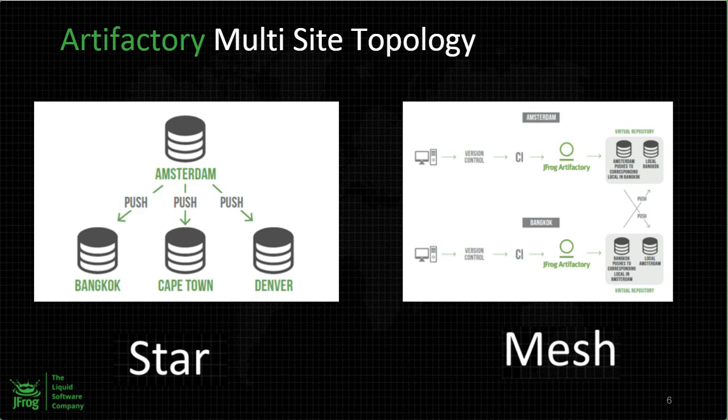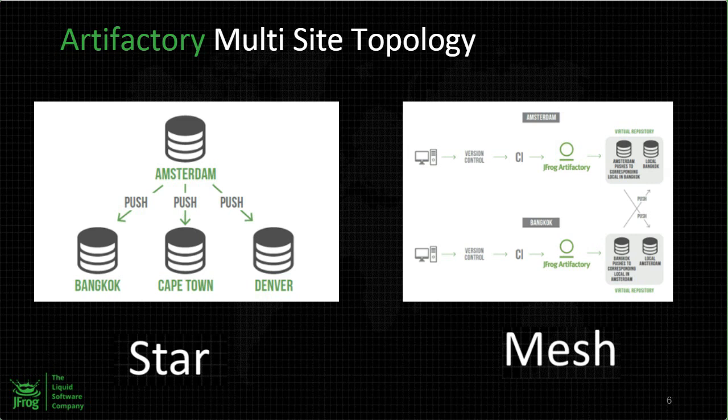Okay. I think so. One of the main points that I'm understanding here, would it be correct to say that with mesh, I have multiple points of write into Artifactory, whereas with star, I have that single point. So there's one site, which is the development site. I'm doing all my development, writing into Artifactory from there, but I want the data synchronized across all other instances for reading purposes.